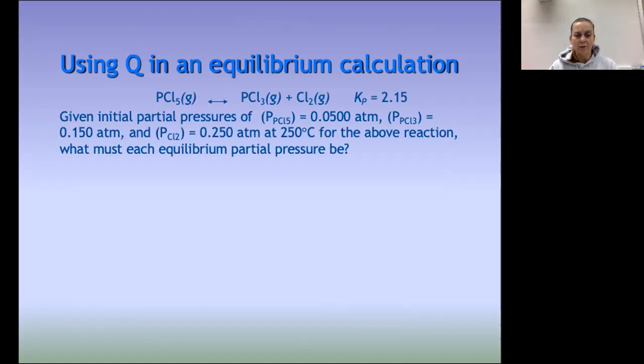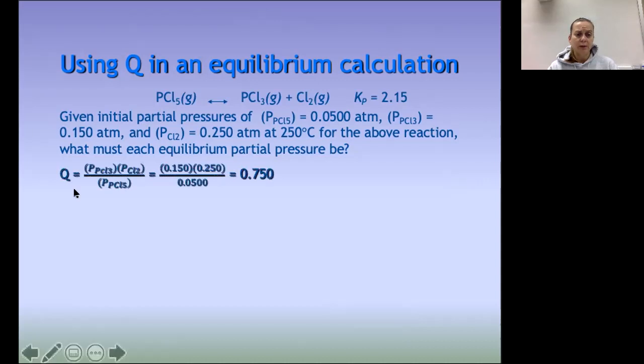Now, unlike the problems we've been working with, we have partial pressures of all three. We don't have something starting at 0 and another thing starting with some material present. So we don't know just by glancing at this which direction it's going to go. So the first thing that we're going to do is calculate Q. So Q in this case is equal to the pressure of each of the products divided by the pressure of the reactants.